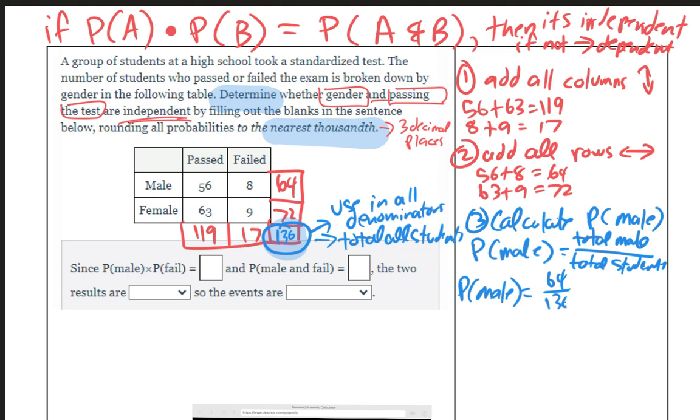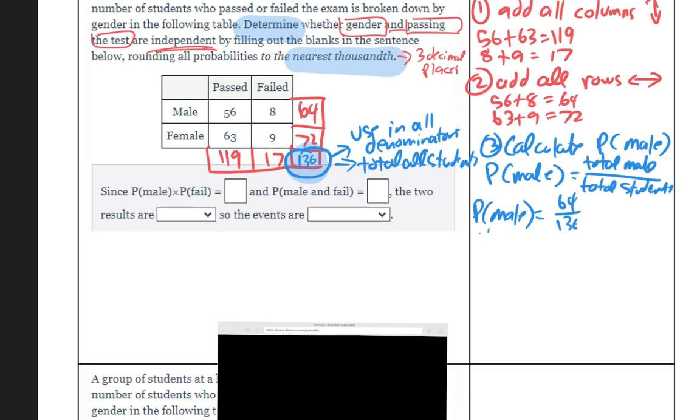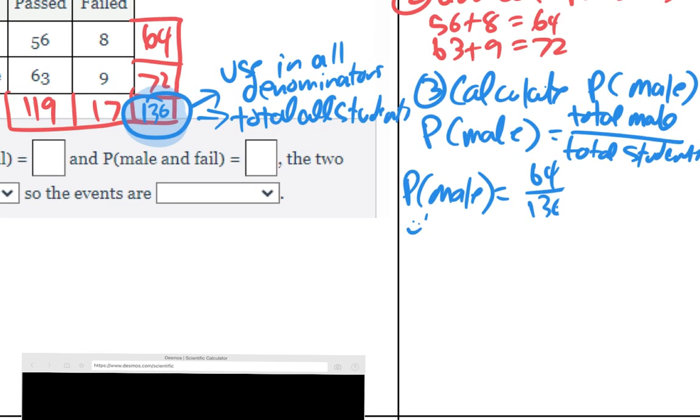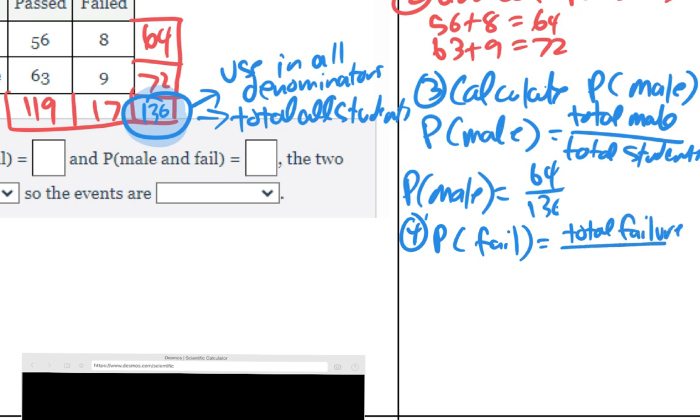All right, next, step number 4. We're going to find the probability of failing. So the probability of failing is equal to the total failures over the total number of students.